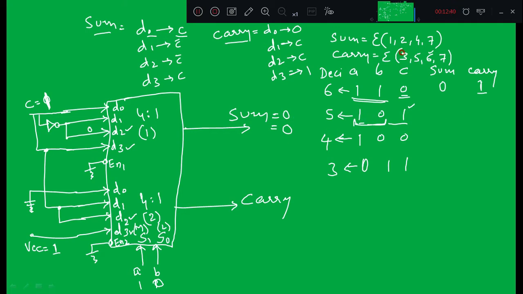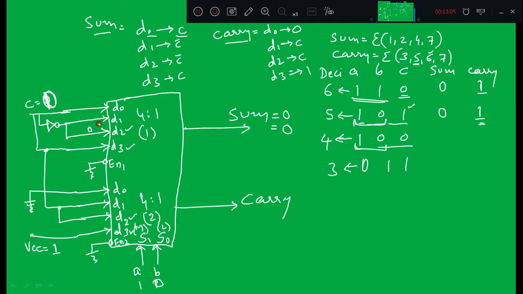Do we have 5 in sum? No. Means output is equal to 0, correct. Next, D2 is connected to C, since C is high, carry is equal to 1, right? Do we have 5 in carry? Yes. Output is 1, correct. Next, 4. What is the select line? Select line is again 1, 0, but C is equal to 0.